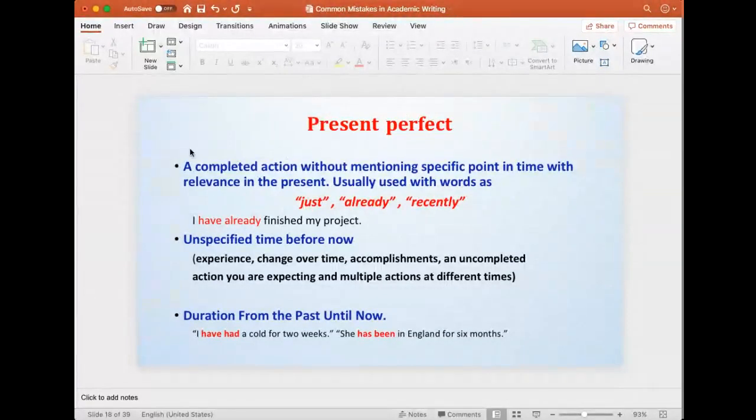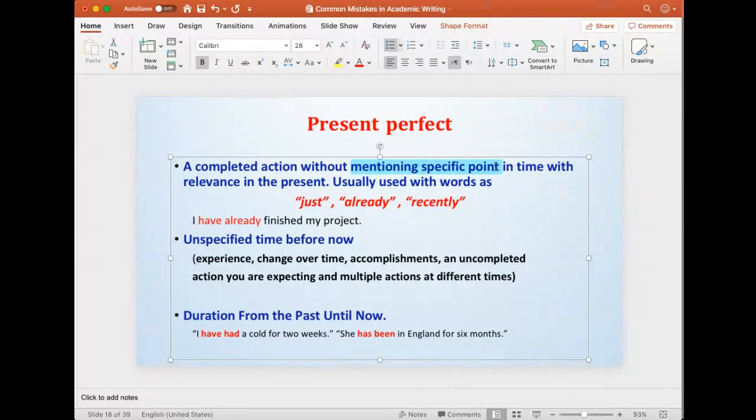So the present perfect is a completed action without mentioning a specific point in time, and that action has relevance in the present. So it's an action started in the past and is connected with the present. So there is a relationship. Okay, it might be a still ongoing action that hasn't ended.